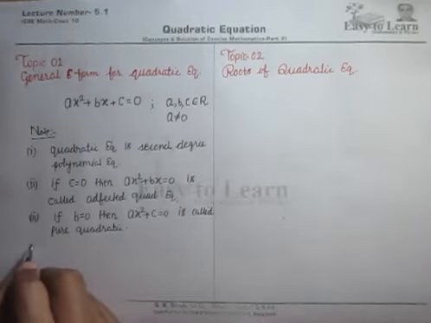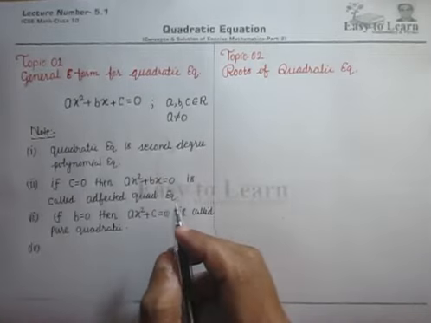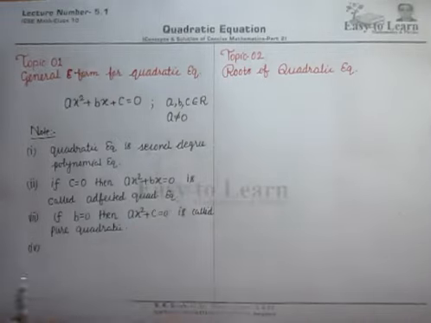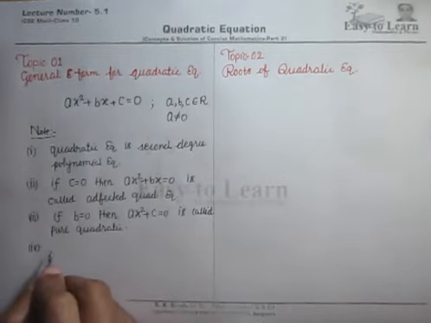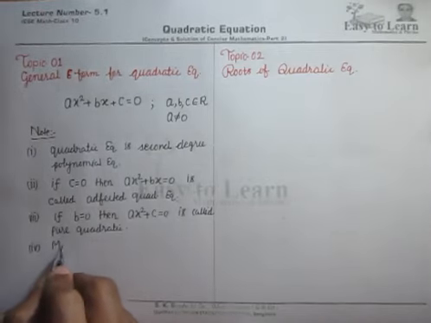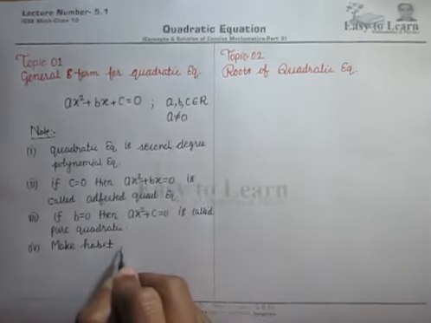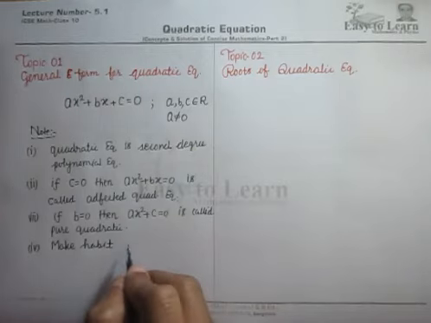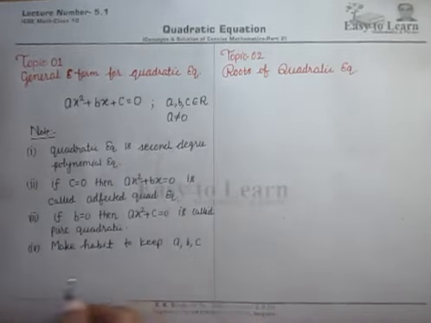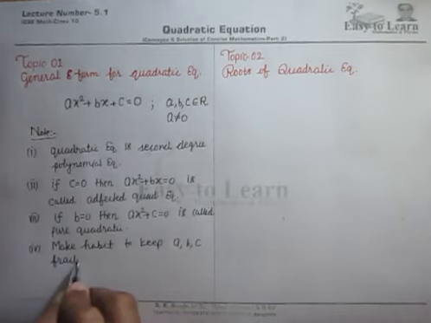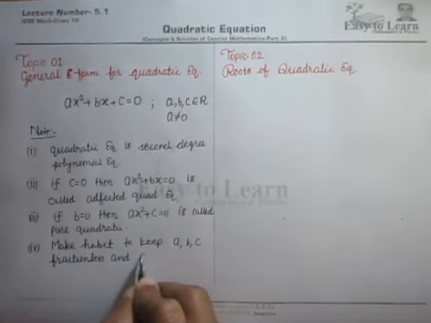Now fourth point: for convenience in calculation, if you want to make calculation easy, always make it a habit to keep a, b, c fractionless, and a positive.